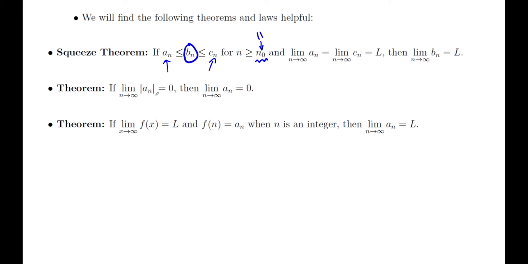Anytime the absolute values of all your terms converge to 0, then it's also true that the terms without absolute values, positives and negatives both, will converge to 0. And then this theorem basically says this. Maybe I should say it this way.